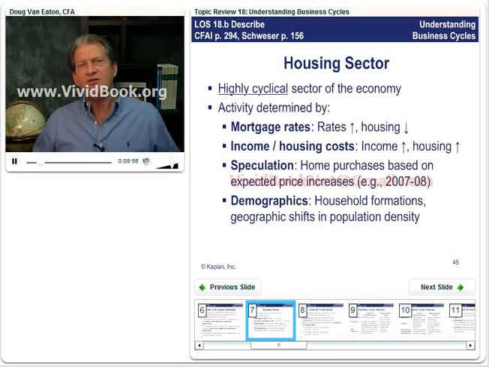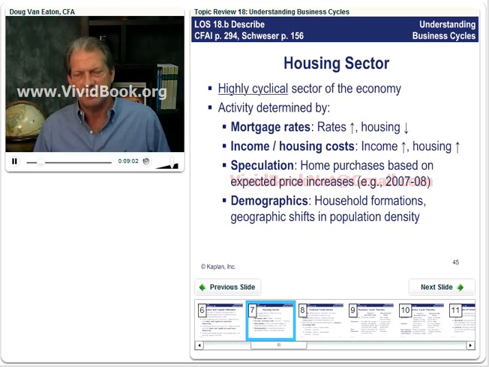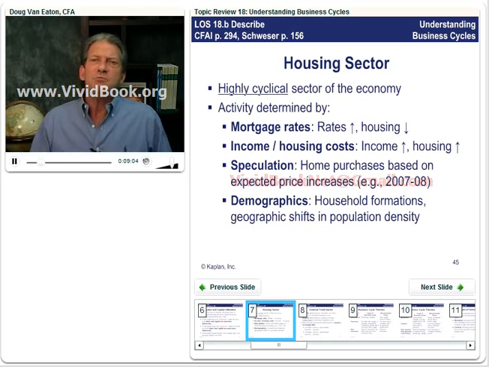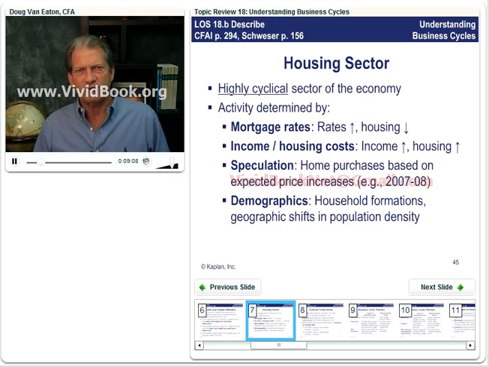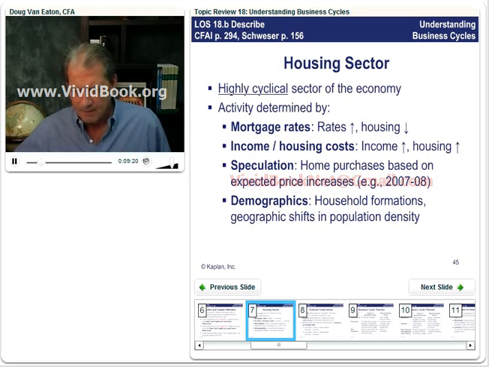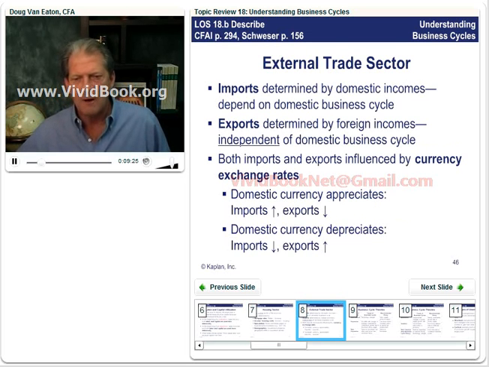But now, as you get a big part of the population moving into retirement and past those child-raising years, they may be moving into smaller homes. There may be changes from that as well. So just a point that demographics, household formation, retirements, downsizing, all of that can affect the housing sector directly and be related to the business cycle as well.